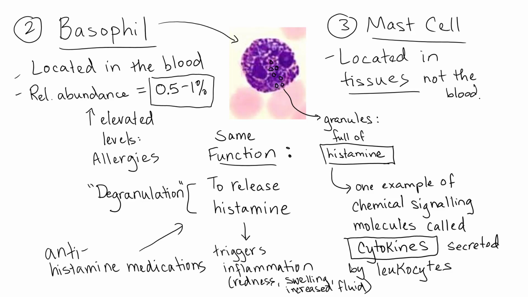So if you get tissue damage, so you have a cut in your skin, and then suddenly it gets inflamed, with redness and swelling and pus and all of that.